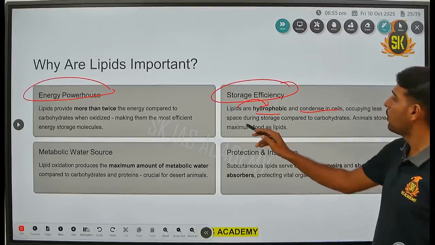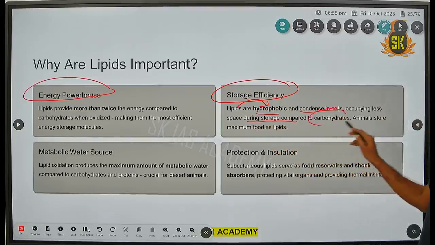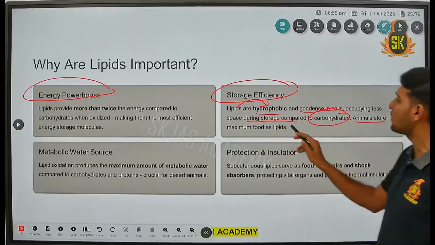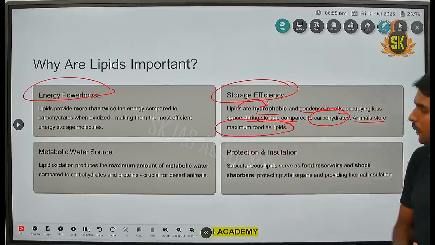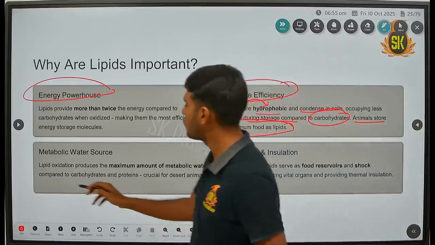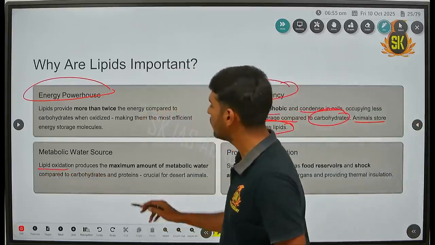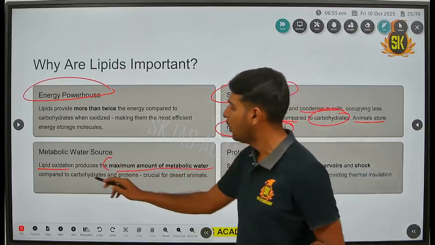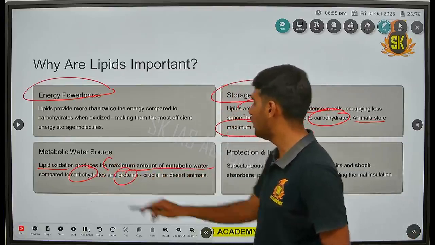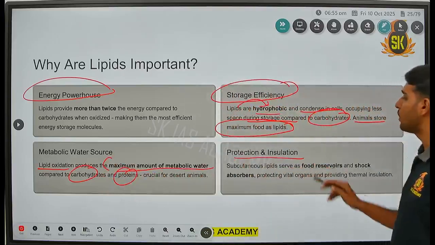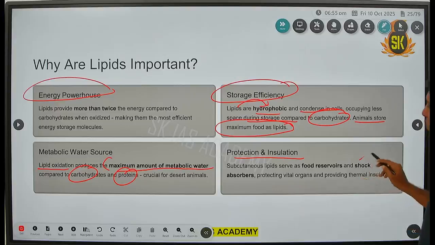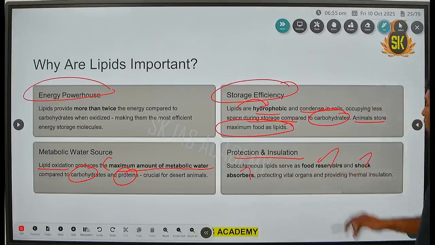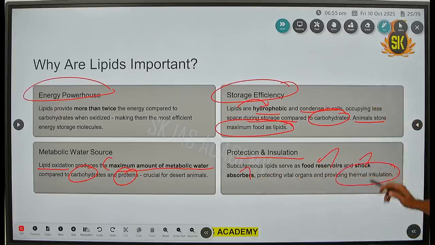So during storage, as compared to carbohydrates, animals store maximum food as lipids. Metabolic water source: lipid oxidation produces maximum amount of metabolic water compared to carbohydrates or proteins. Protection and insulation: it is a shock absorber and a food reservoir, and also provides thermal insulation.